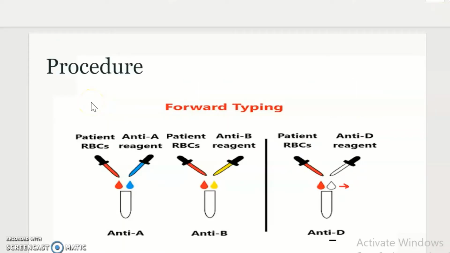Now let's see the procedure of forward typing. First, label the tubes with identification and anti-A, anti-B and anti-D.